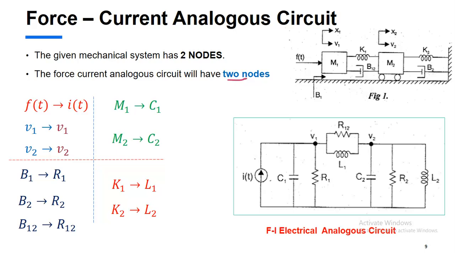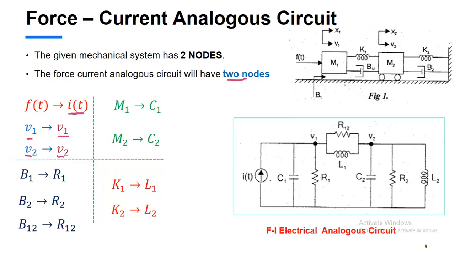The input force is represented or replaced by means of a current source. Velocity is represented by means of a voltage. Velocity V2 is represented by means of the voltage V2.